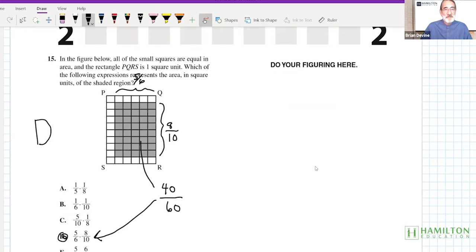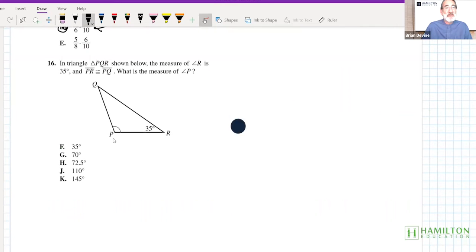In problem 16, in this triangle below, PQR, the measure of angle R is given as 35 degrees. And I'm told that PR, this one, and PQ are congruent, i.e. the lengths are the same. Well, it means that this is isosceles, so this base angle is 35 degrees.